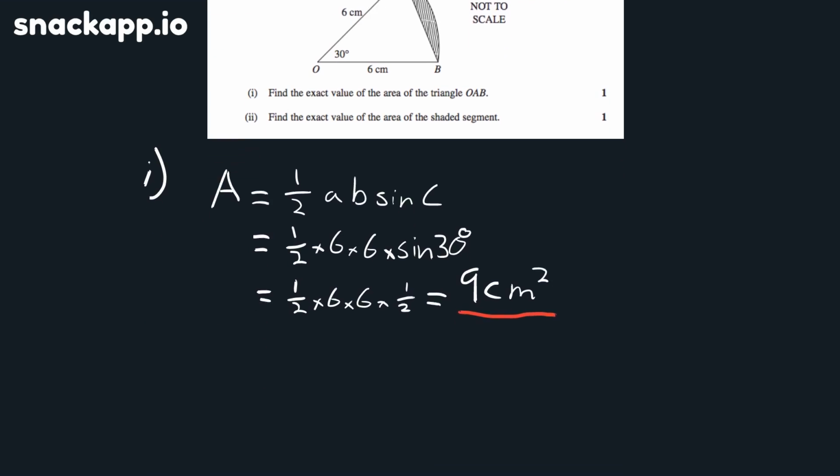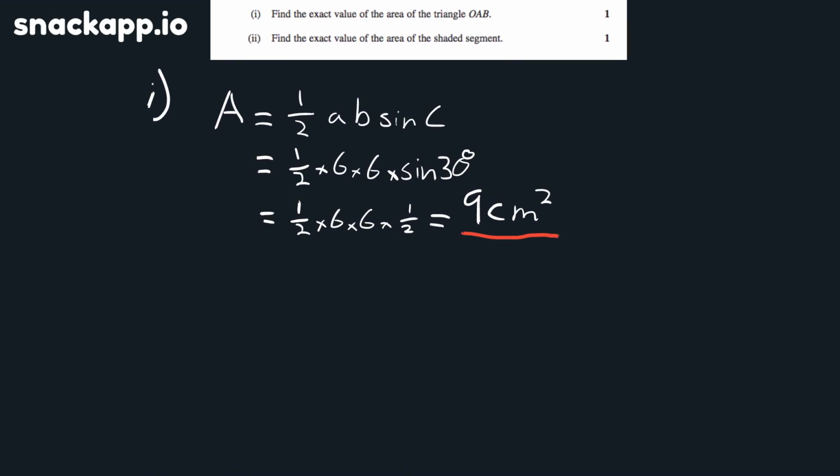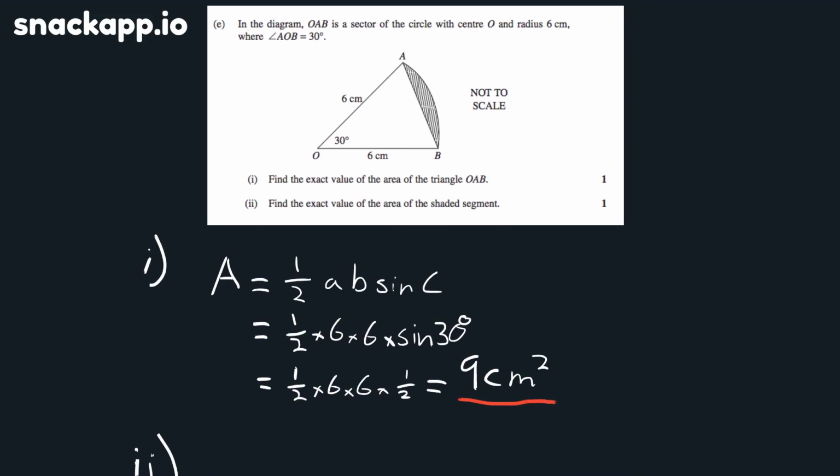Now, let's move down a bit, give ourselves a bit more room. We're going to do part II. So part II, we need to find the exact value of the area of the shaded segment. So if we look at the question again, the shaded segment is the segment of the circle minus the triangle, okay?